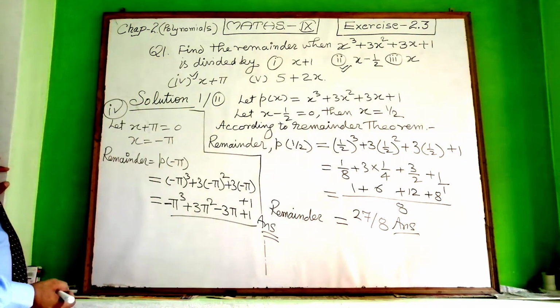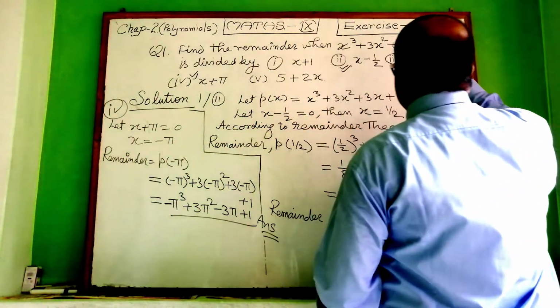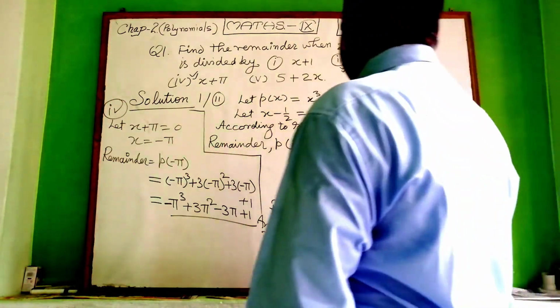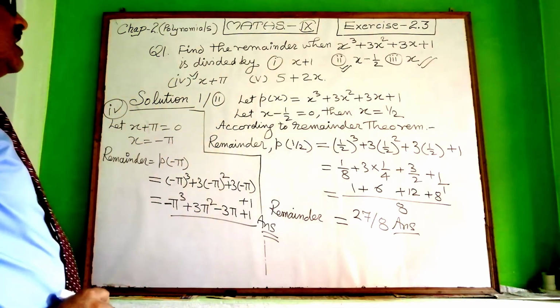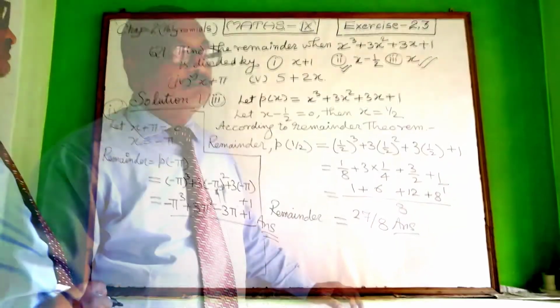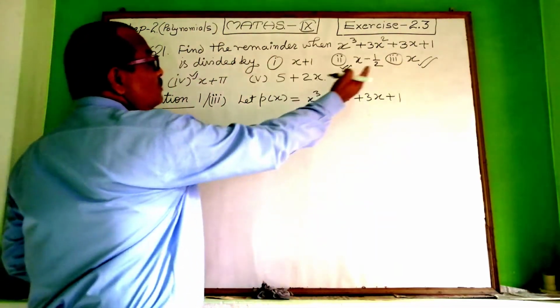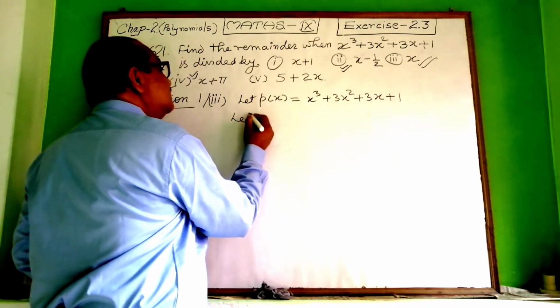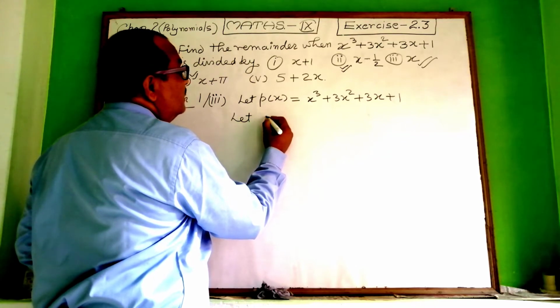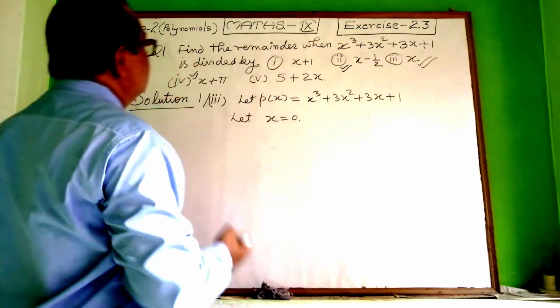So it is completed. Now come to see its third part, divided by x. Now I will discuss its last part. Third part, let us see how we will do. In the third part the divisor is x. So we are considering let x is equal to 0. So the value of x will be 0.